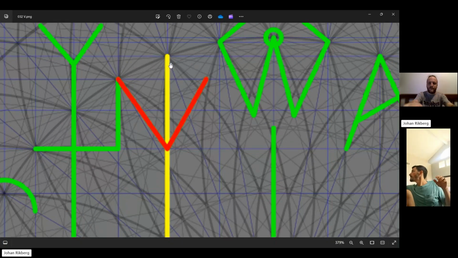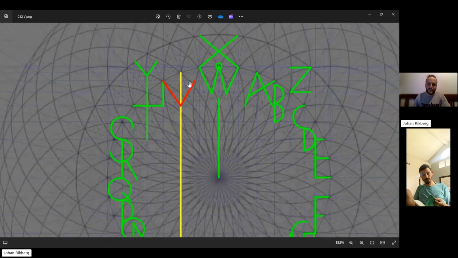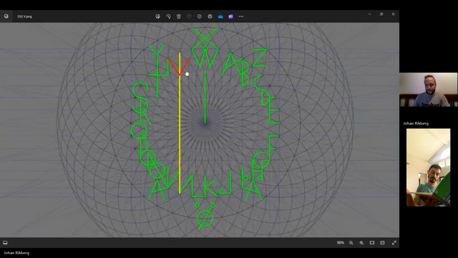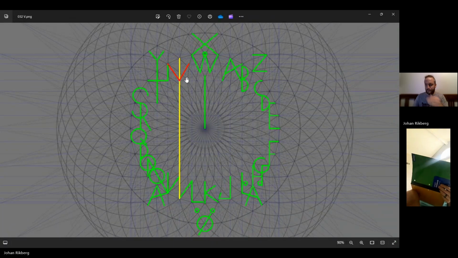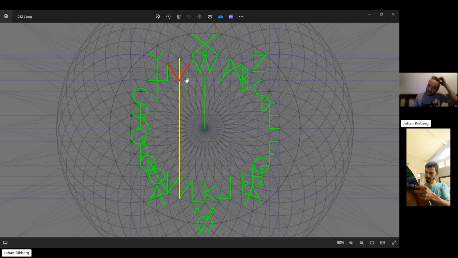So I took the lines which come from the points to try to find where they connect. I think I did, but maybe not. It's hard to tell. That's a little bit of a tricky one.